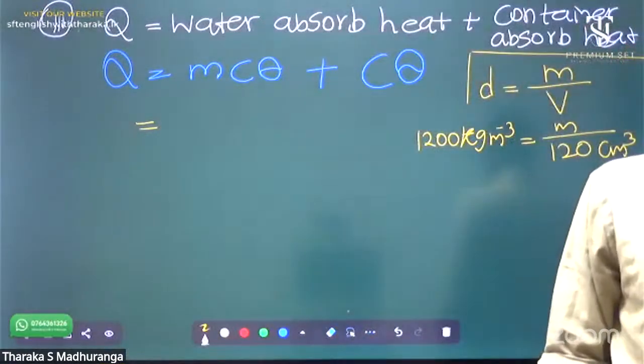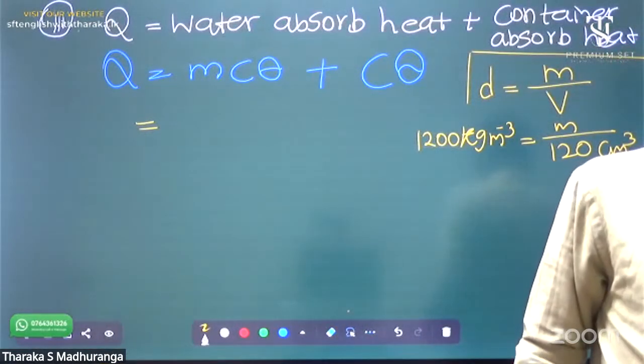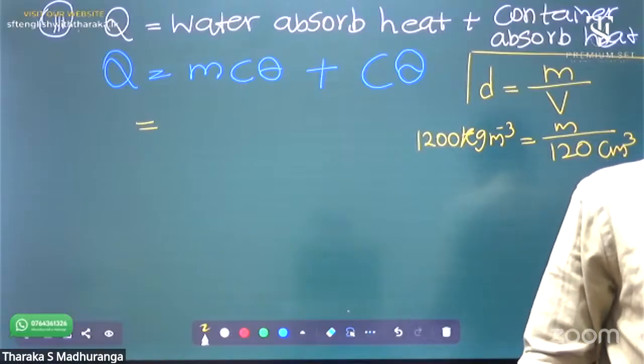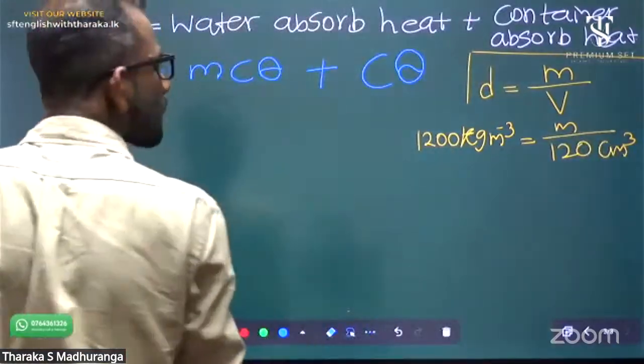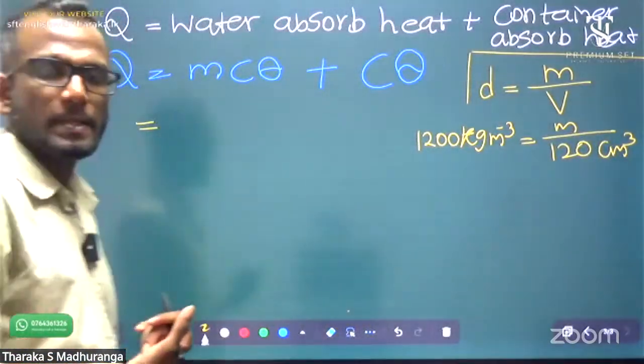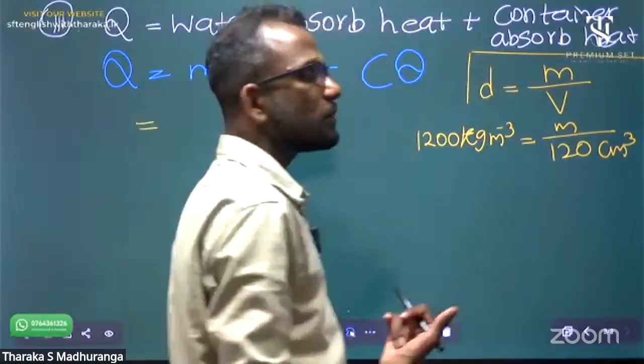How to convert 120 cubic centimeter into cubic meter.